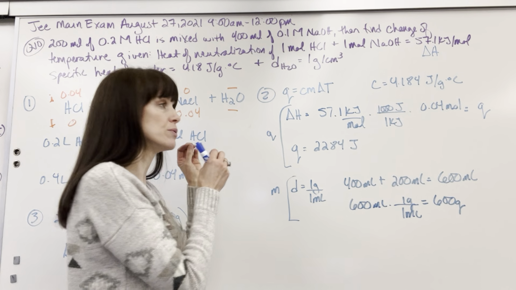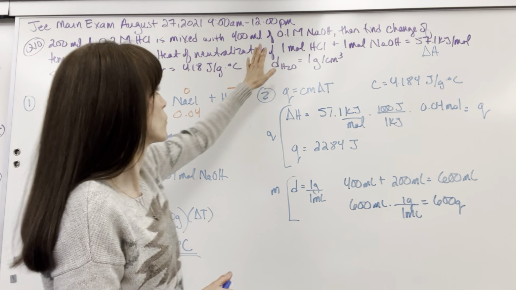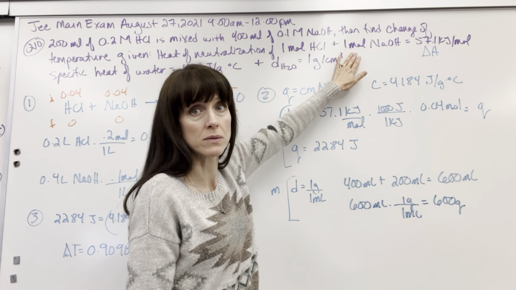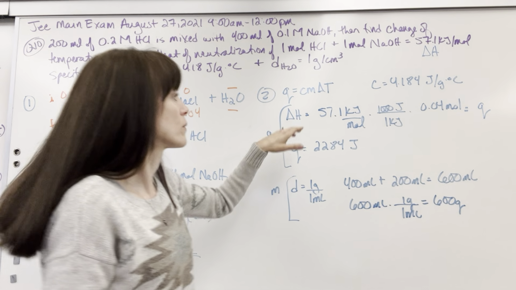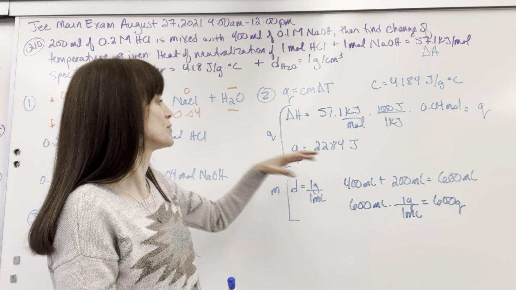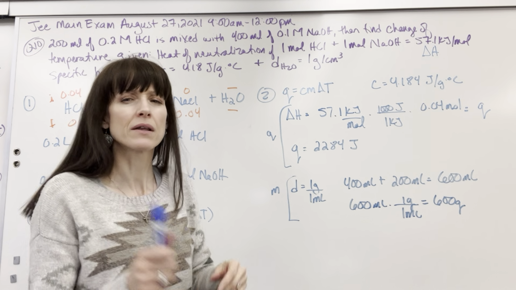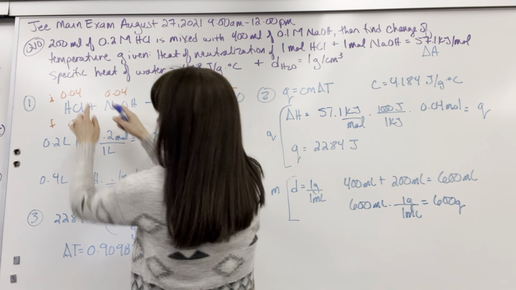In this very unique situation, when I have my 1 mole and my 1 mole, and notice this is a 1-to-1 ratio there, we're going to have the 2,284. Another way to think about this, notice that ratio 1-to-1, and sure enough, they gave us a 1-to-1.